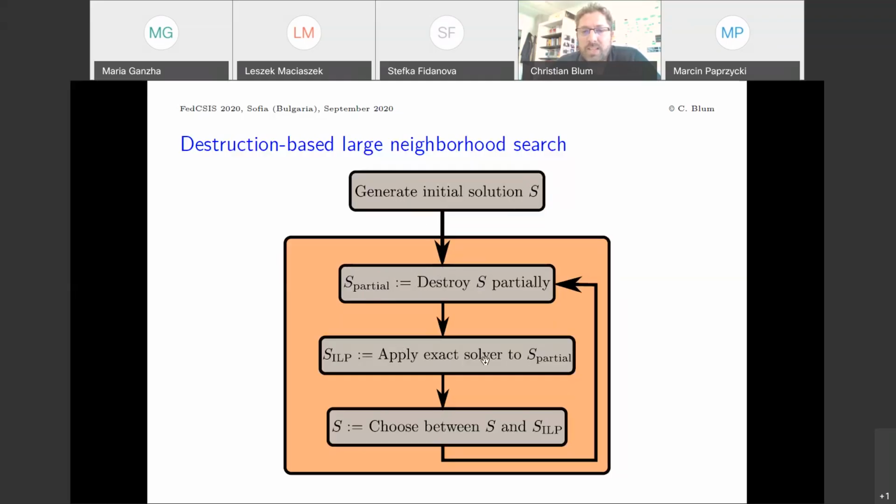Then you apply your exact solver to find the best solution that contains this partial solution. So you restrict your exact solver to this part of the search space, where you only have solutions that contain S partial. And then you choose between S and S ILP, if you use an ILP solver; I should have called this differently. You choose the solution for the next iteration, because you go back to here. So you do these 3 steps over and over again.